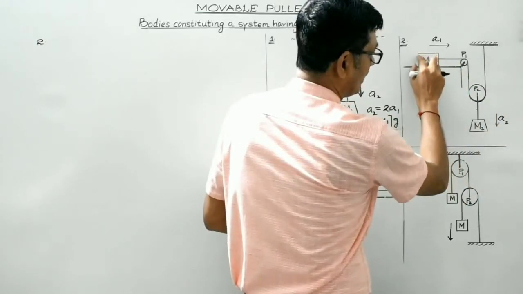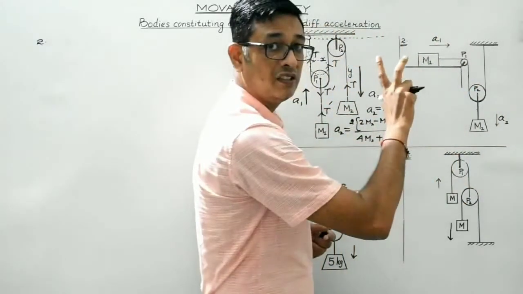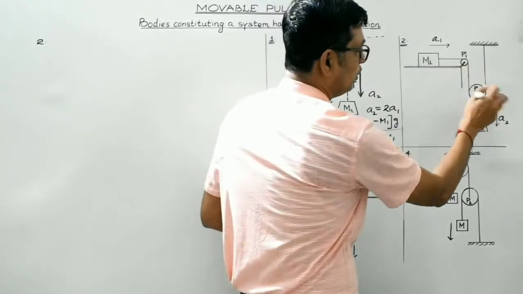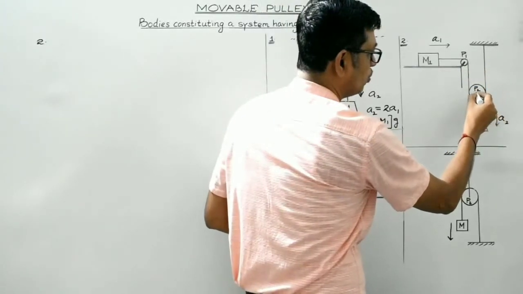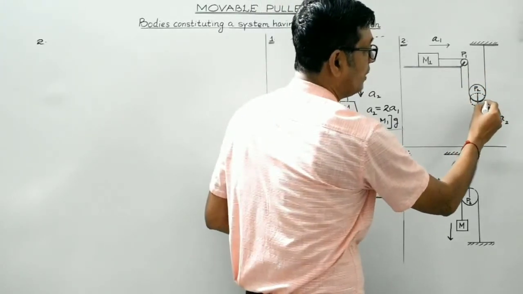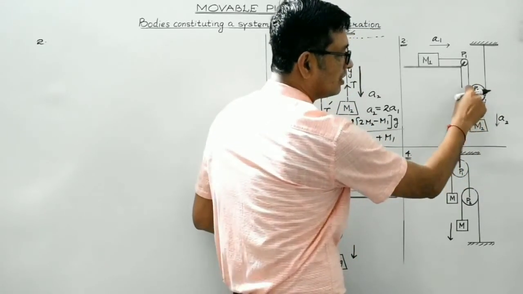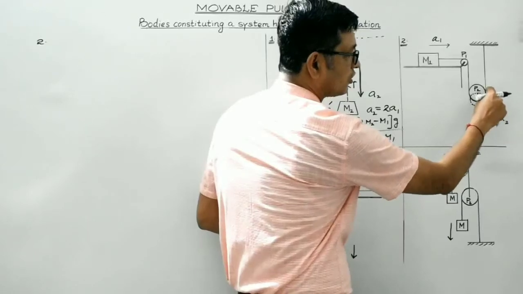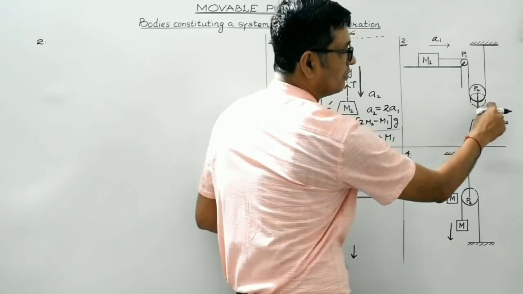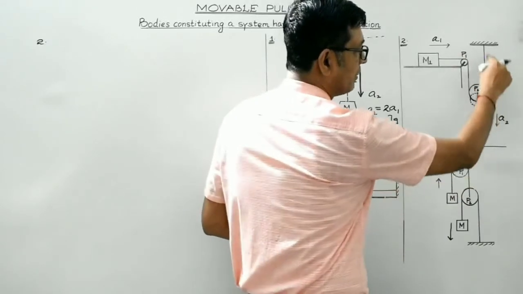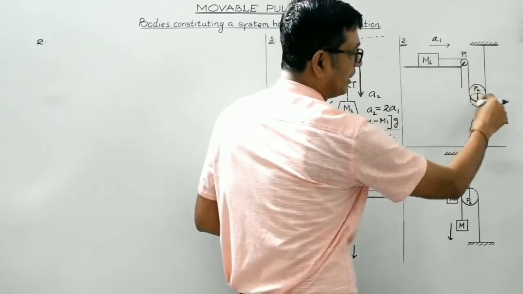So if it moves through a distance of 2 meters towards the right, this pulley will move downward through a distance of only 1 meter, because 1 meter will get adjusted in this arm and 1 meter of the string will get adjusted in the other arm, so that the length of the string always remains constant and the string remains taut.